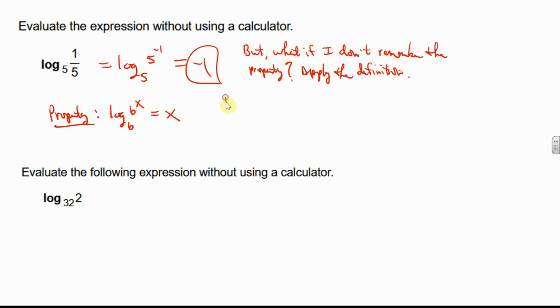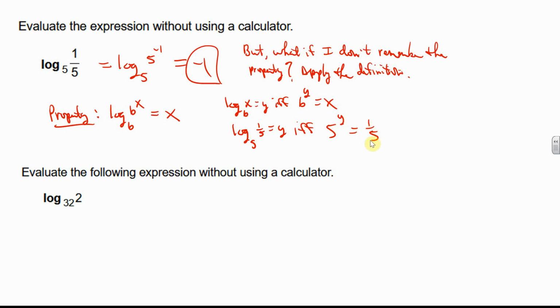All right, so the definition said again, log base b of x is equal to y if and only if b to the y is equal to x. So here, if I have log base 5 of 1 over 5, let's say is equal to y, that's if and only if 5 raised to the y is equal to 1 over 5.